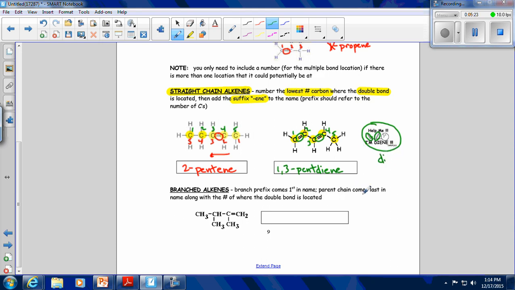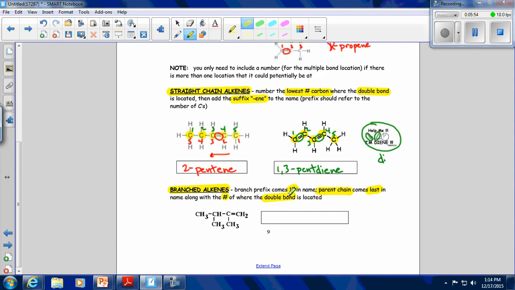All right, the next problem, this one's going to be related to the branched alkenes. All right, so no longer straight prefixes. We're going to get into the branched alkenes. All right, definition says, branch prefix comes first. So our branch is going to come first within the name. The parent chain comes last in the name, along with the number of where the double bond is located.